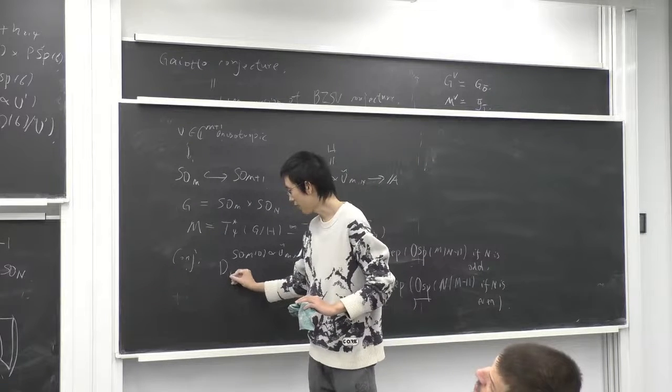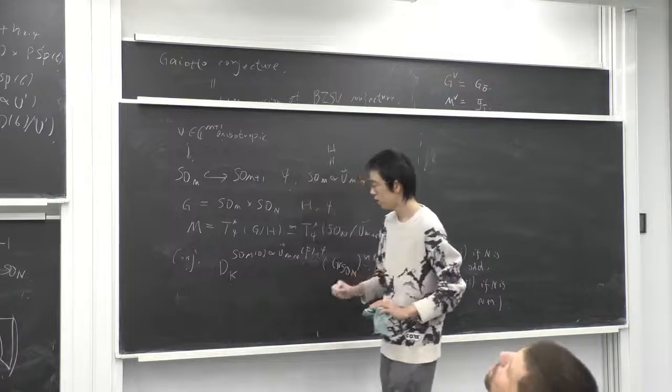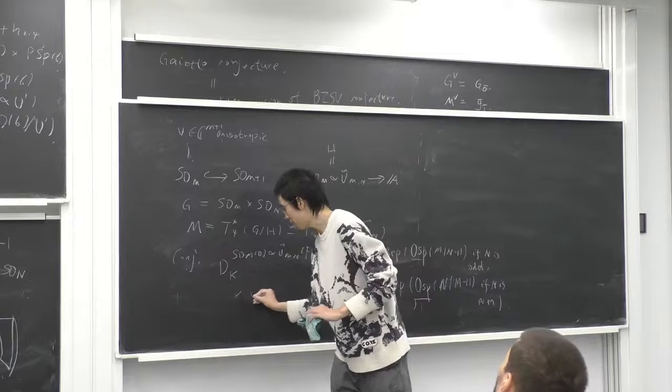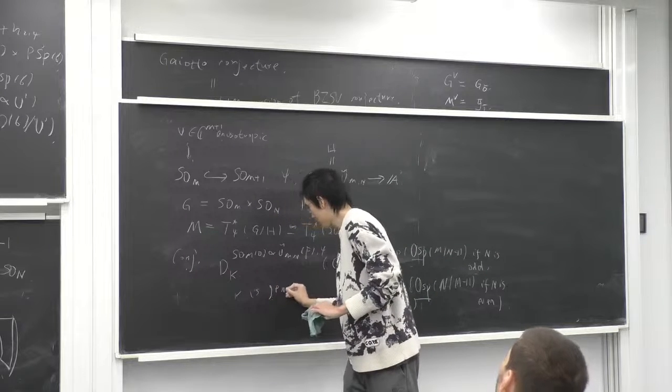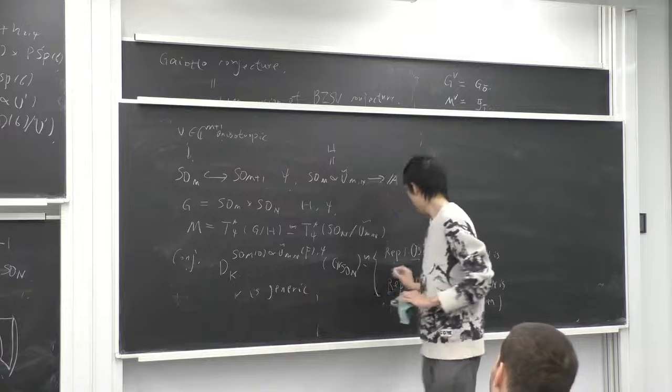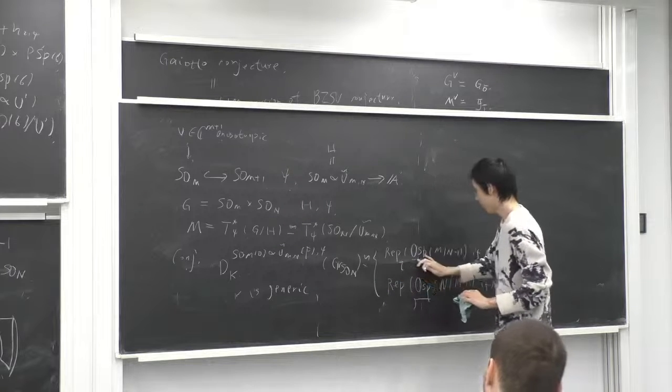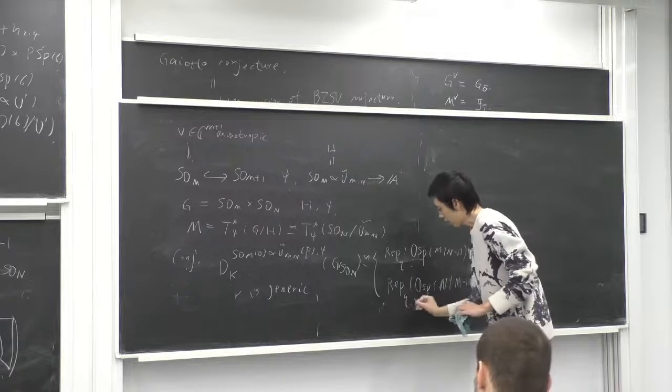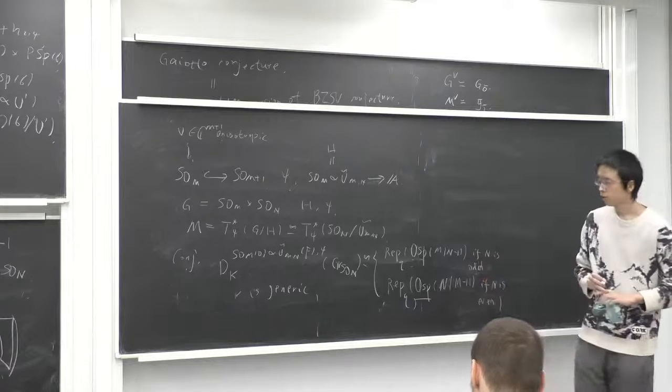And then for the Gaiotto conjecture, when we consider the twisting kappa being generic, you need to replace it by the category of representations of the quantum supergroup.